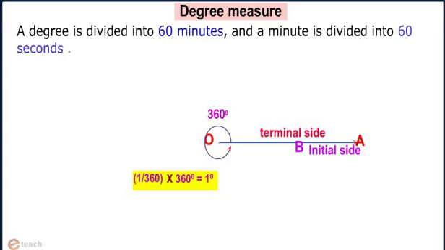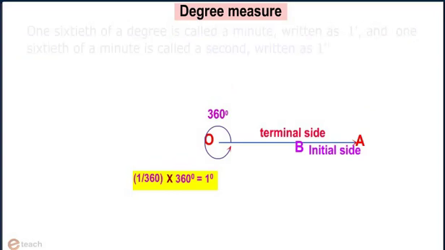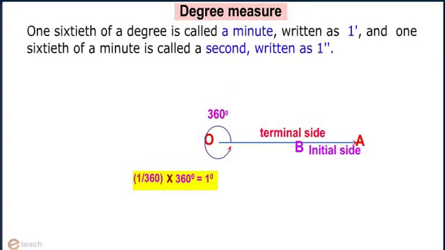A degree is divided into 60 minutes and a minute is divided into 60 seconds. 1/60th of a degree is called a minute, written as 1 prime, and 1/60th of a minute is called a second, written as 1 double prime. So, 1/60 of a degree is 1 minute and 1/60 of a minute is 1 second.